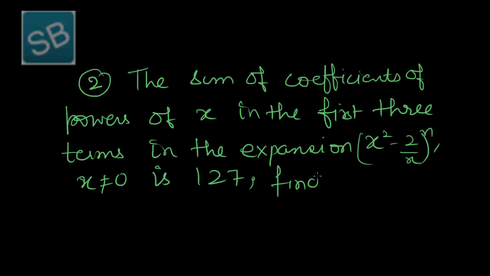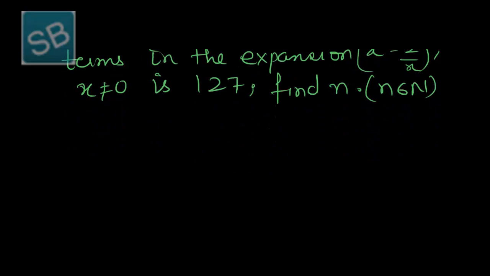Then find n, where n belongs to natural numbers. So we have to find the coefficients of the first 3 consecutive terms, that is T1, T2 and T3.